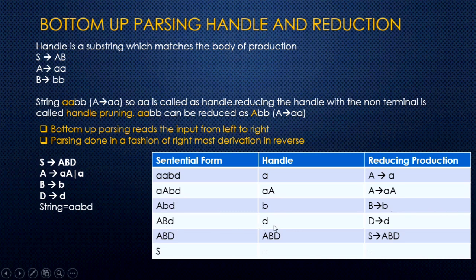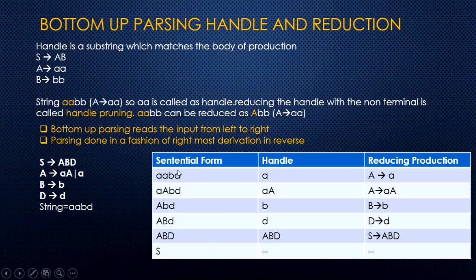Now when we move to the right, D is also a production. So d can be replaced by capital D. So now ABD, you get an answer now. So ABD can be replaced by S, that's called a production here. So it can be reduced to S, so ABD is called a handle. When I replace this ABD by S, you finally get S here.